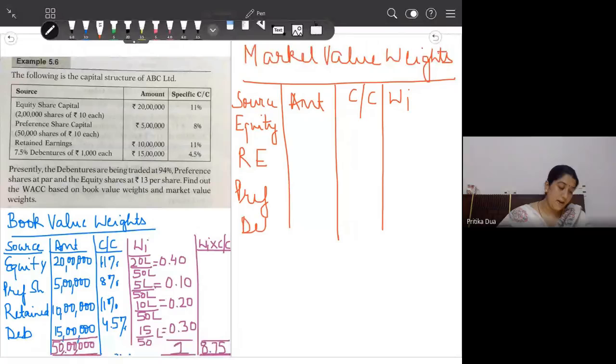Okay, now for preference shares, you are already given that they are trading at par, which means the amount will be the same, 5 lakh. I'm writing like this, you can put in the zeros properly.